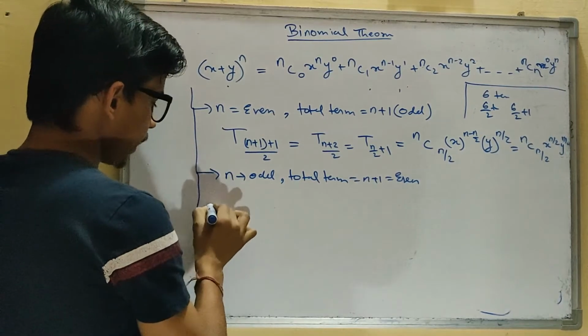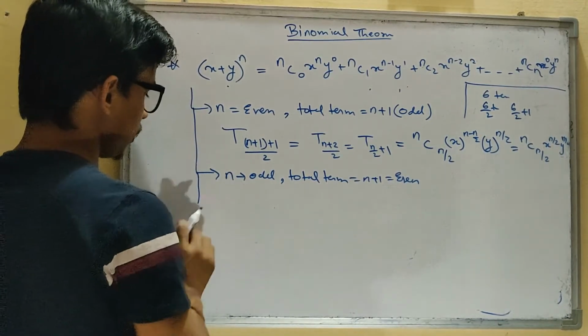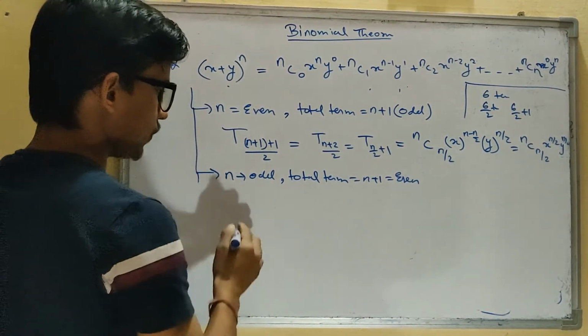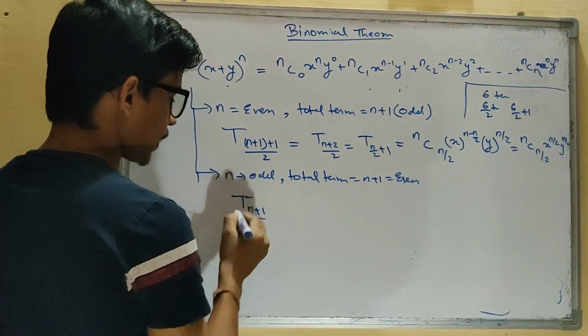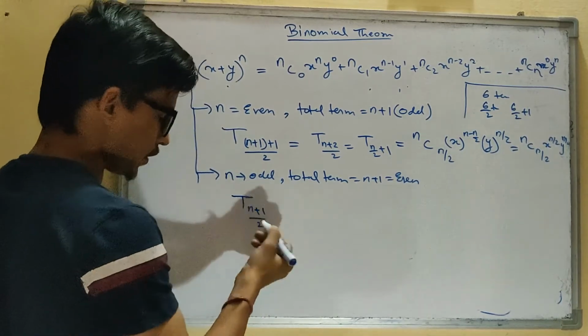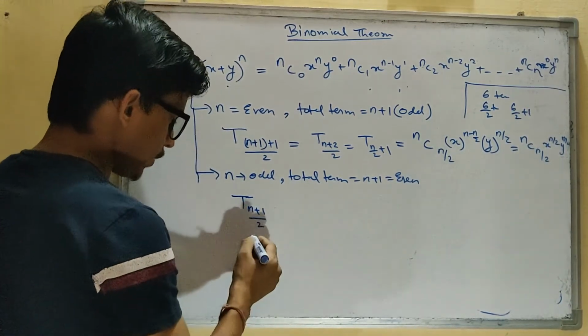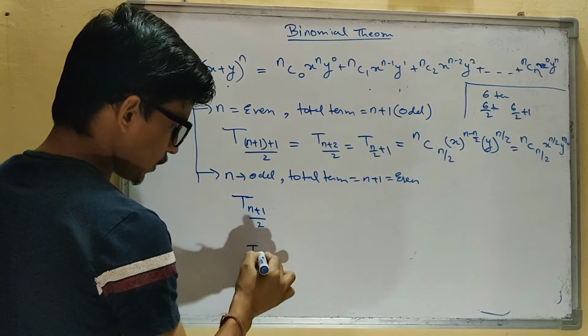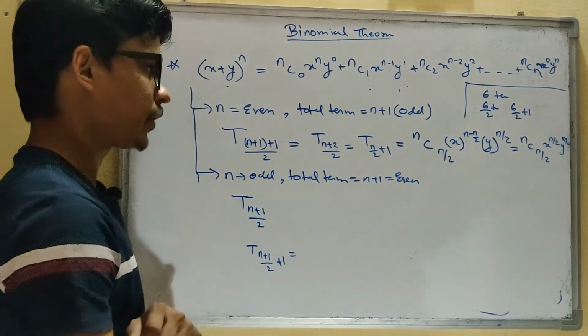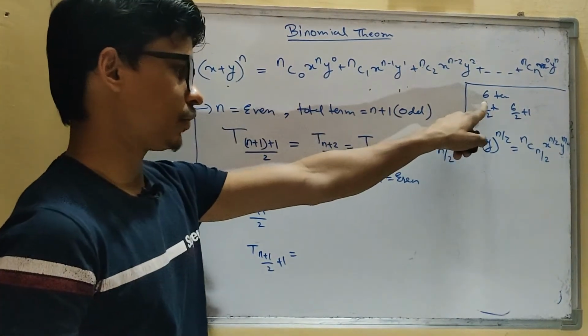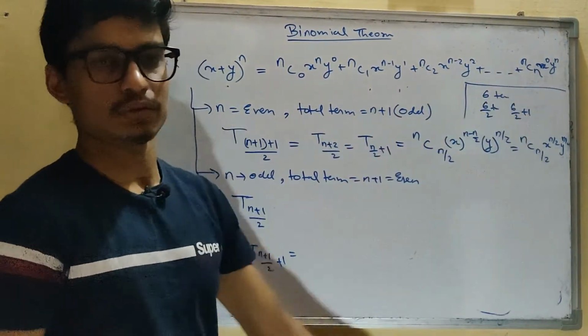As the total number of terms is even, the first one is the (n plus 1) by 2th term, and the other one is the (n plus 1) by 2 plus 1th term. So, total terms divided by 2 and total terms divided by 2 plus 1.